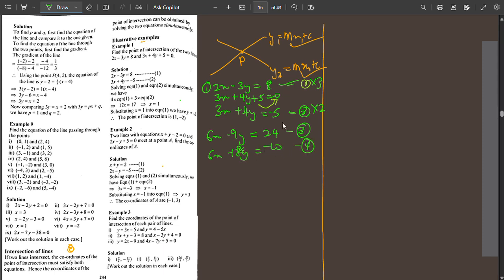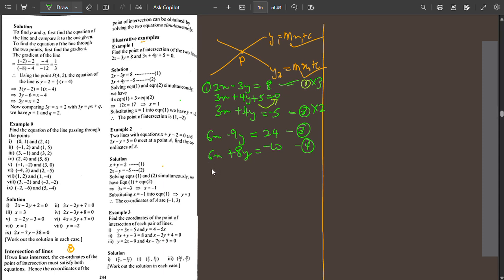That is equation 4. Now how do I eliminate 6x here?